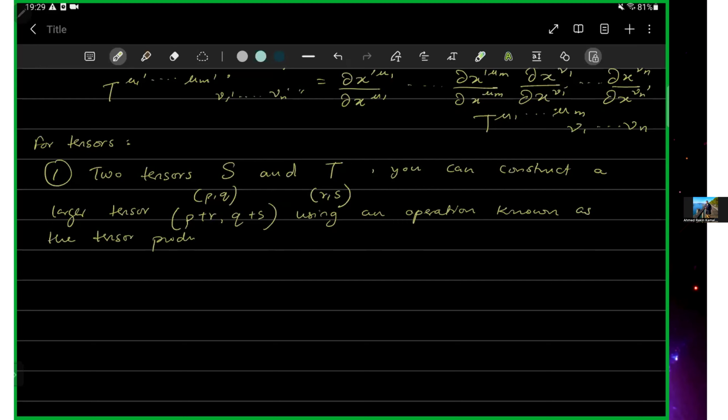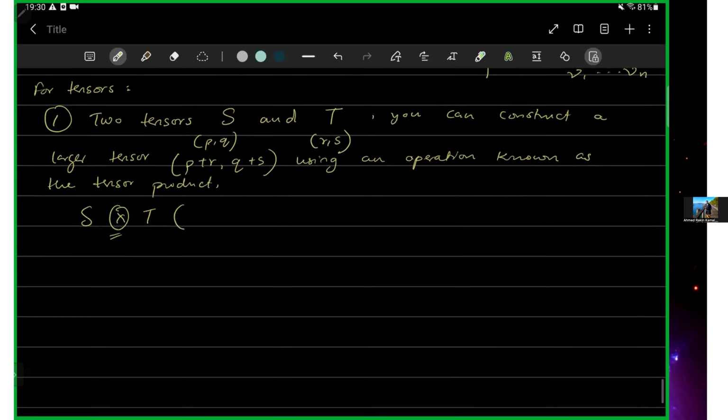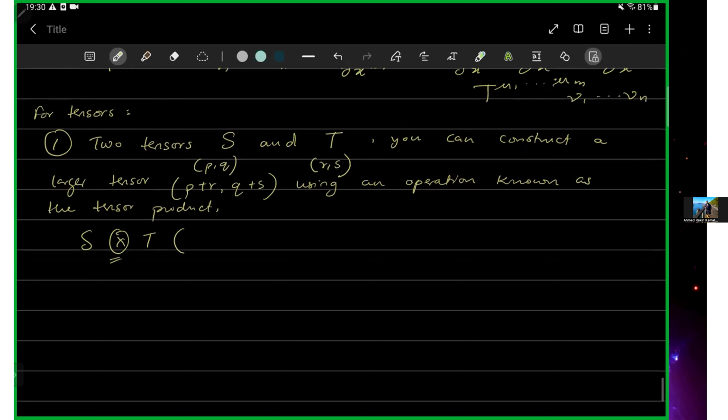So what I mean by that is if you take the product of these two tensors, which we write via this notation, where for S we have P and Q, where P basically denotes the upstairs indices, if you remember.